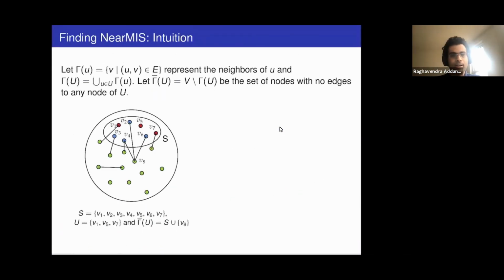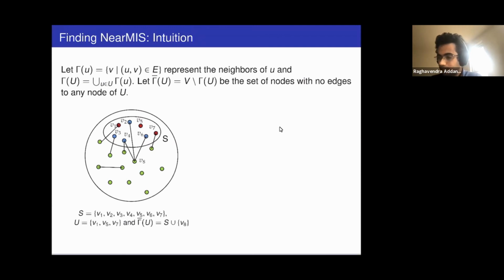To make this a bit more concrete, let me describe what tau of u means. Tau of u is just the set of neighbors of u in the graph. Tau of capital U is the set of neighbors in the union of all the nodes in U. And tau bar of u represents the set of nodes with no edges to any node of u.